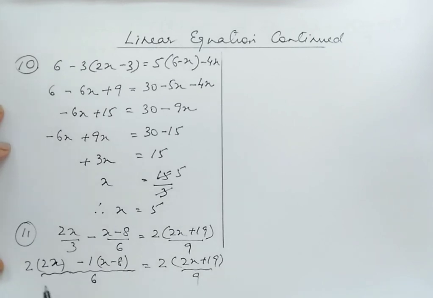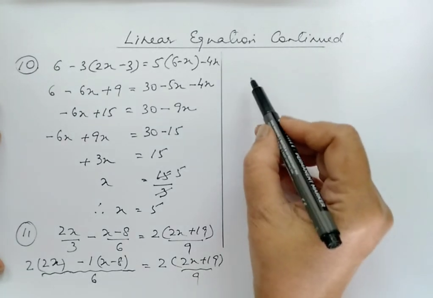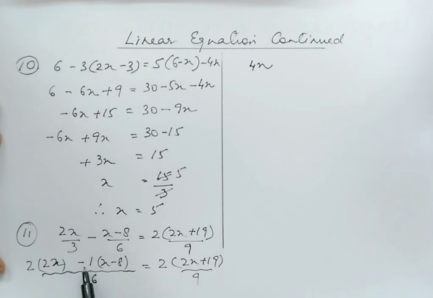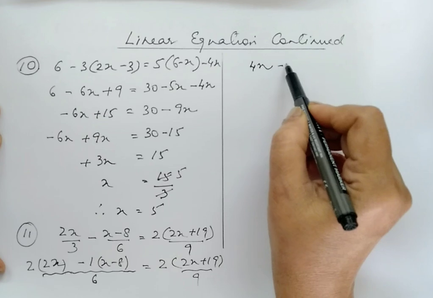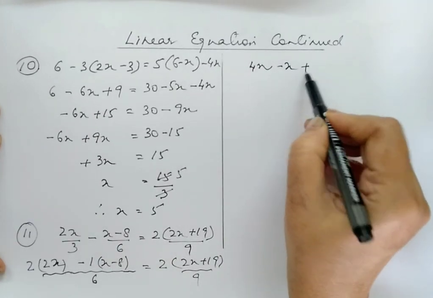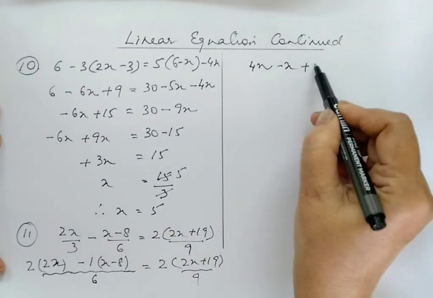Next step would be to simplify them. So 2 into 2 is 4x. And minus 1 into x plus x is minus x. And minus minus plus, and 1 into 8 is 8.